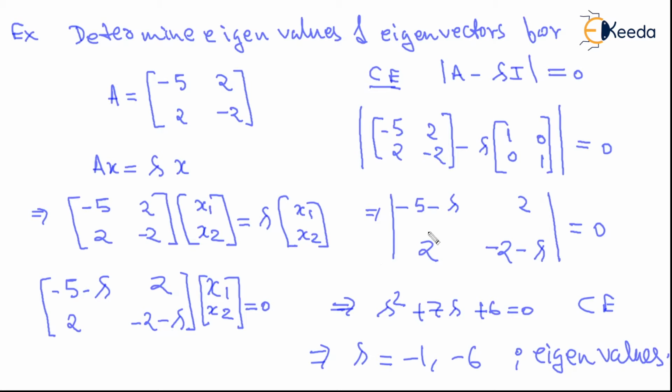I'm just putting this again, so we'll see how to use it. So we have two eigenvalues here, -1 and -6. Now we can find the eigenvectors. So let's see.